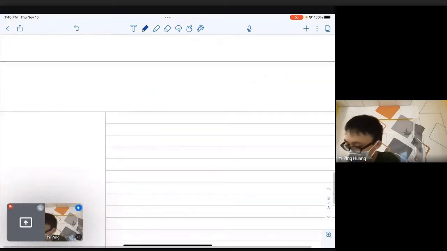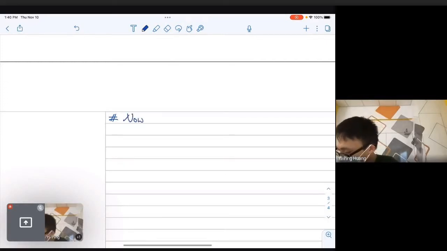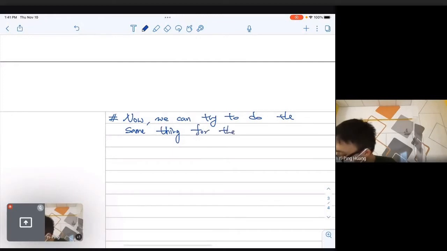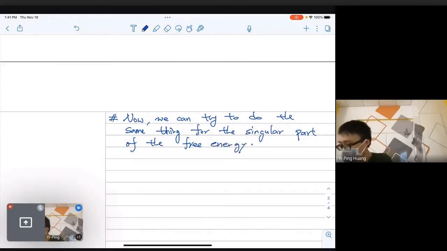Now we are trying to go a little bit further. We can also write down the scaling hypothesis for the singular part of the free energy. What do we mean by that?